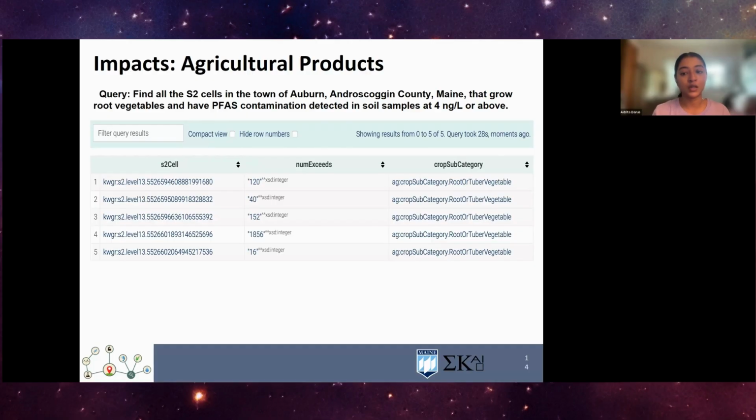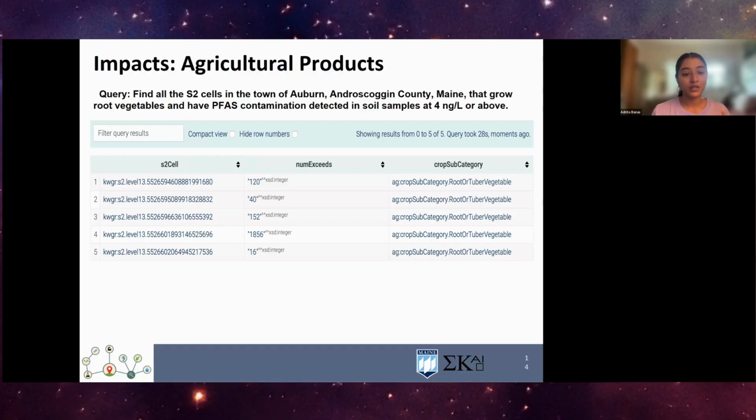And also you could see in the third column that those areas have crop-growing lands, which are root or tuber vegetable, growing on those lands near those S2 cells and the sample points.